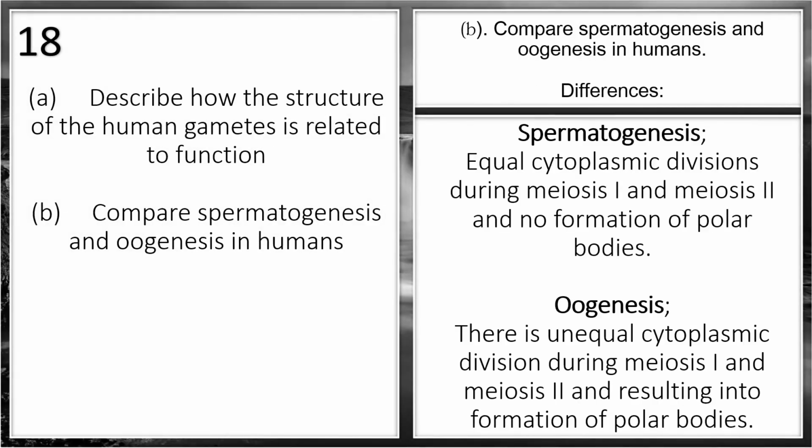In spermatogenesis, there is equal cytoplasmic division during meiosis I and meiosis II, and no formation of polar bodies. In oogenesis, there is unequal cytoplasmic division during meiosis I and meiosis II, resulting in the formation of polar bodies.